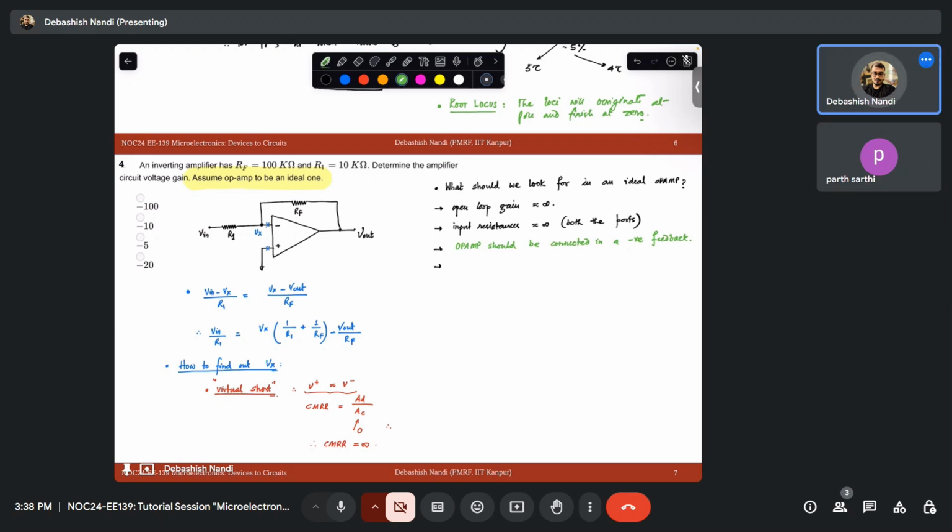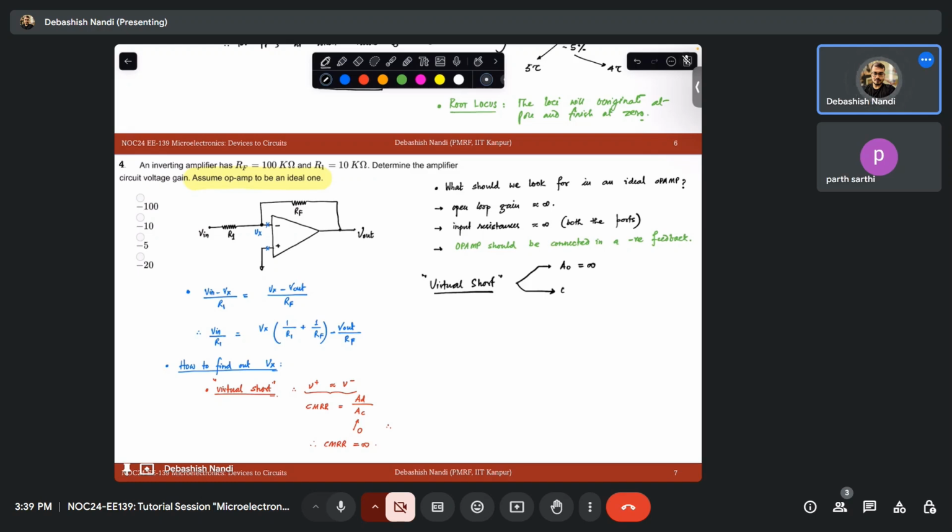Are you aware of this point, that to assume the virtual short condition you need to have two important conditions? So basically, virtual short has two conditions required for that. One is open loop gain infinity.